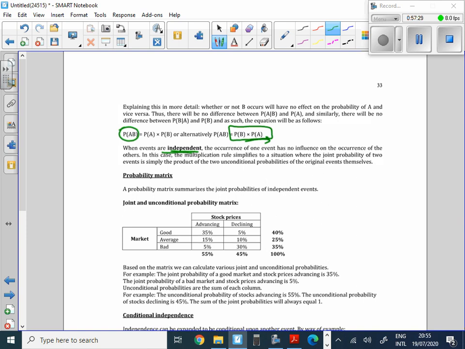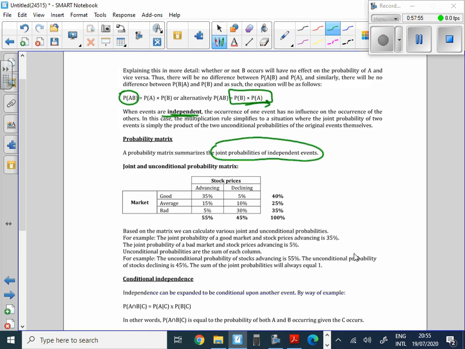Let us move along. A probability matrix summarizes the joint probabilities of independent events. All that a probability matrix does, guys, is summarize the calculations that have already been done for you via the table. So we've got a table over here, and let's say, for example, I am looking for the joint probability, joint meaning "and," of a good market and stock prices moving up.